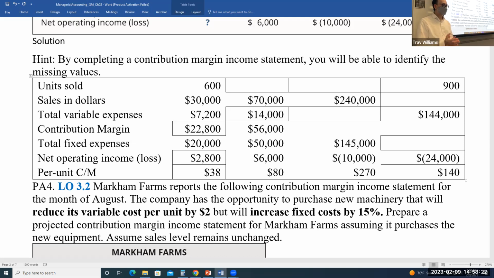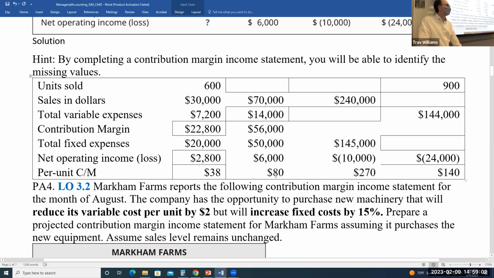Okay, then we have to figure out units sold. How can we figure that out? You do the sales in dollars plus the total fixed costs divided by the per unit contribution margin. The sales in dollars plus the fixed costs. Your last part is right. Dividing by the per unit contribution margin, that part is correct.